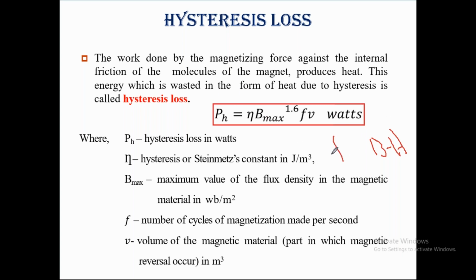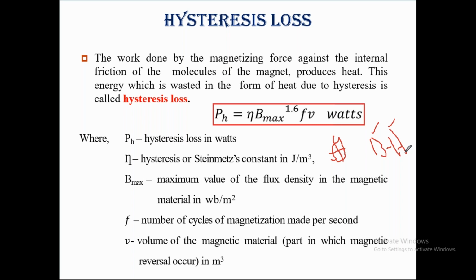If you draw the BH curve, it looks like this. This graph gives information on how much hysteresis loss is happening in that particular material. To obtain that information, we draw the graph between two parameters, B and H. B is magnetic flux density and H is magnetic field intensity.